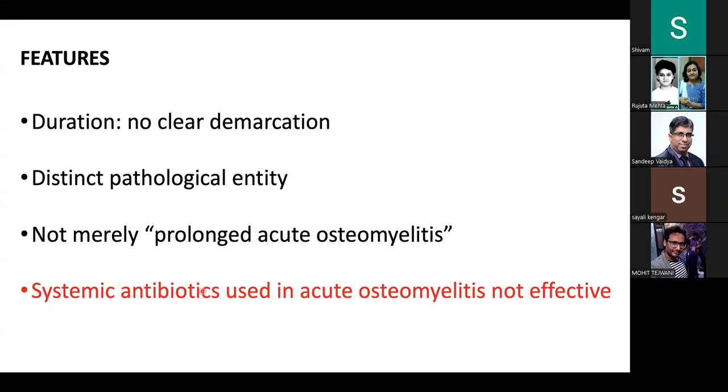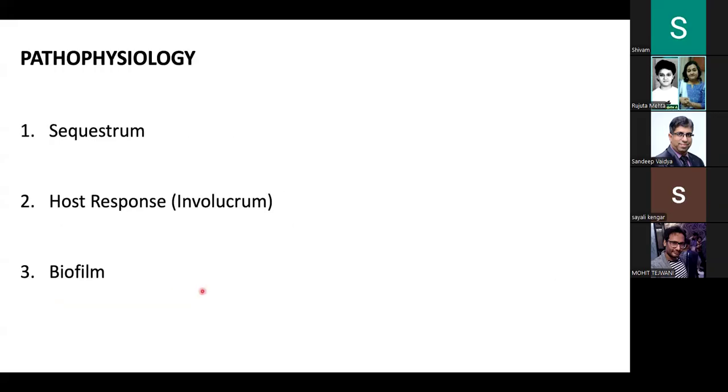There are some specific problems, specific pathological features of chronic osteomyelitis, which make it more difficult to treat. And the most important thing you have to understand is that systemic antibiotics, which you use in acute osteomyelitis, are not effective in chronic osteomyelitis. So with that, let's try to understand why chronic osteomyelitis is such a difficult entity to treat.